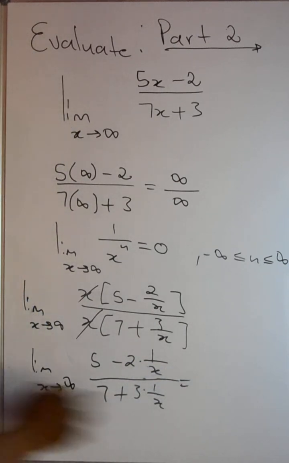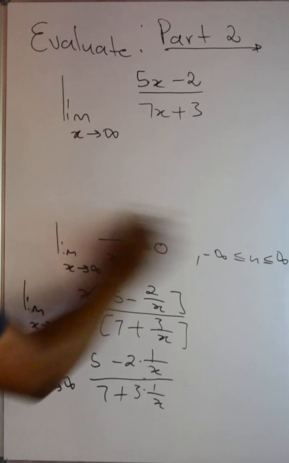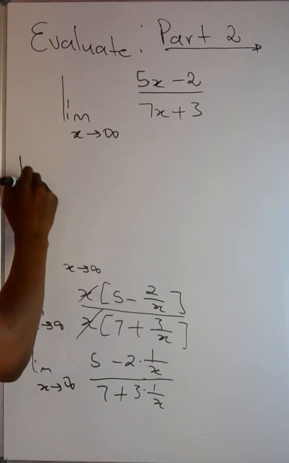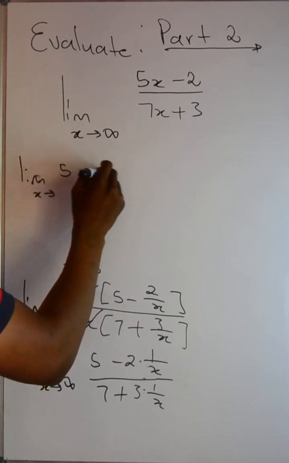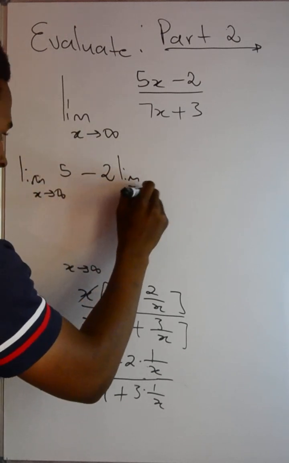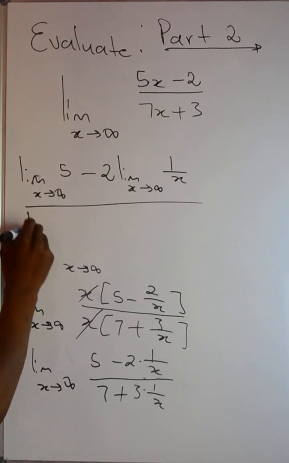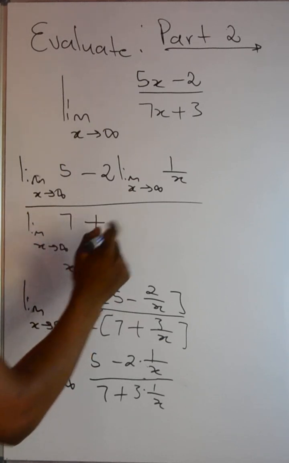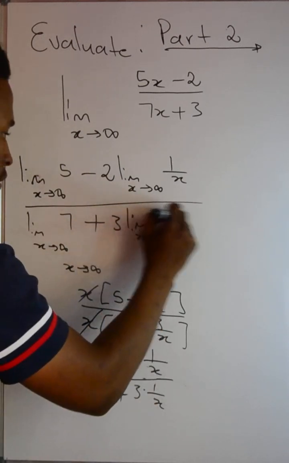So let's try to distribute this limit. If we distribute this limit, we are going to have the limit of x approaching infinity of 5 minus 2 times the limit of x approaching infinity of 1 over x, all divided by the limit of x approaching infinity of 7 plus 3 times the limit of x approaching infinity of 1 over x.